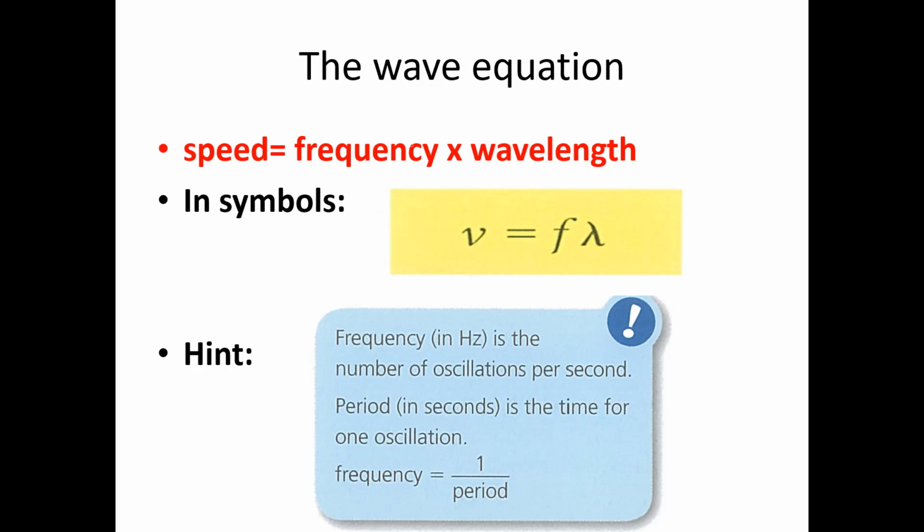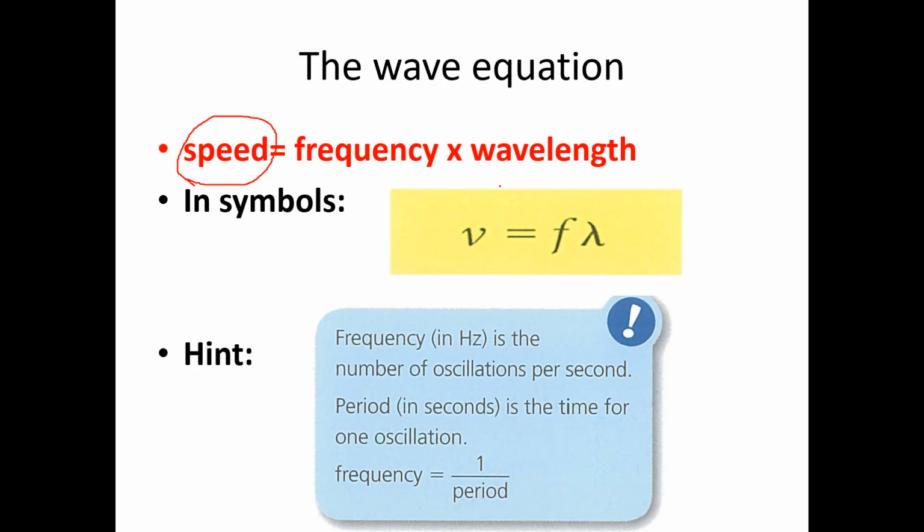So here is the equation for how to find the speed of a wave. If they give you some information about waves and ask you what is the speed of this wave, you will depend on this equation to solve it. Speed equals frequency times wavelength, or in symbols, V equals F times lambda.